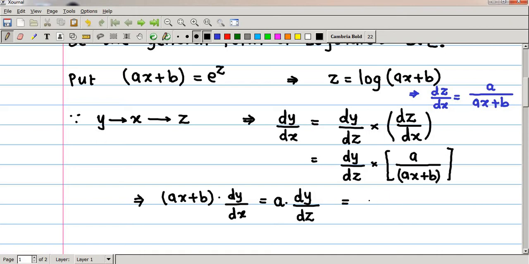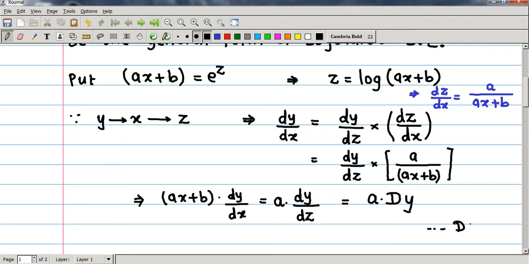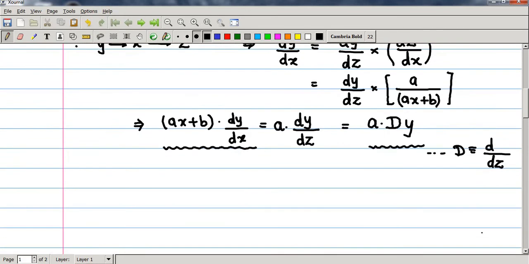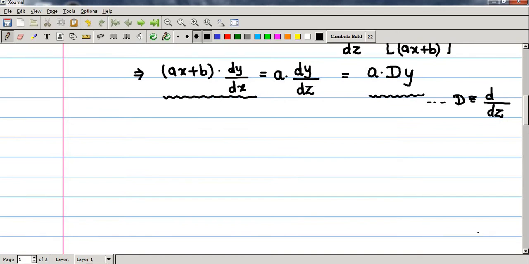If we use a new differentiation operator D such that D takes the derivative with respect to the new variable z, then we can replace this variable coefficient form of the derivative in terms of the constant coefficient form of the derivative D in terms of z. So this substitution will help us to convert variable coefficient form into constant coefficient form.